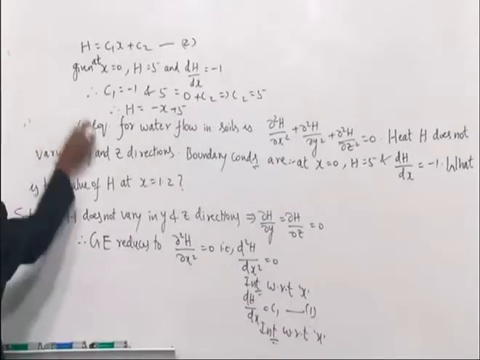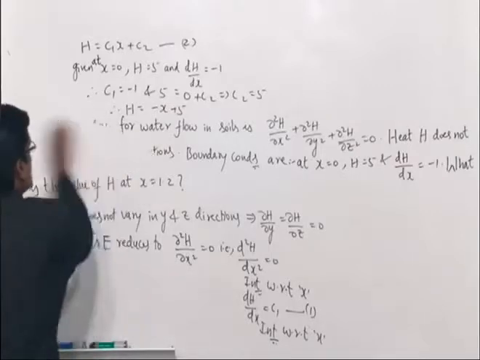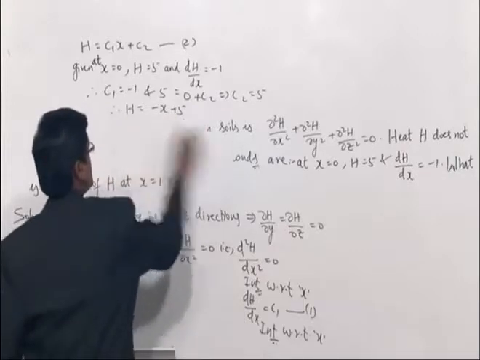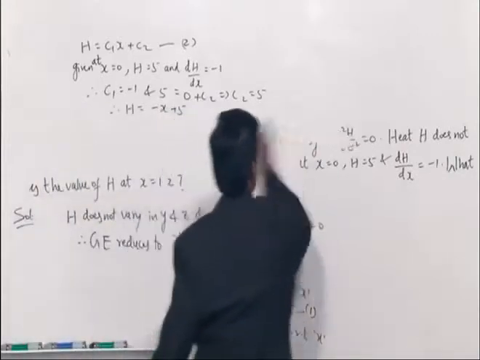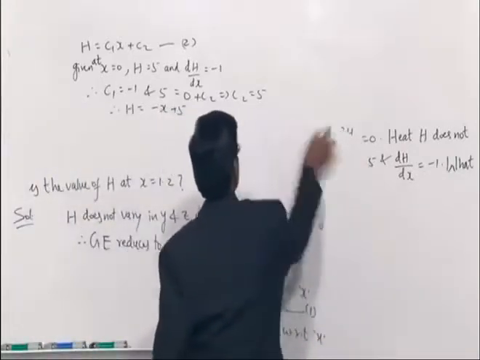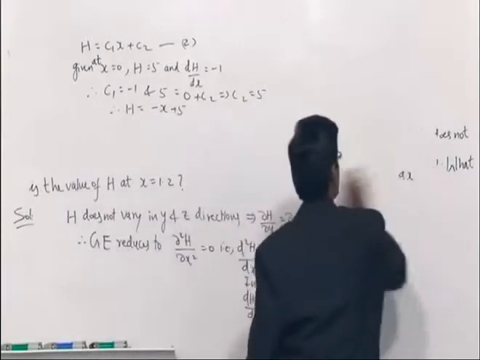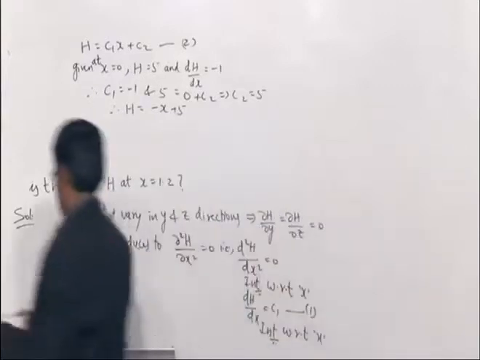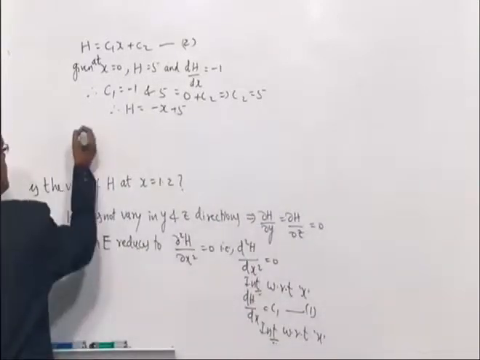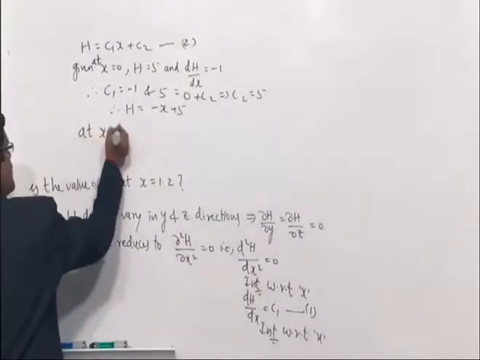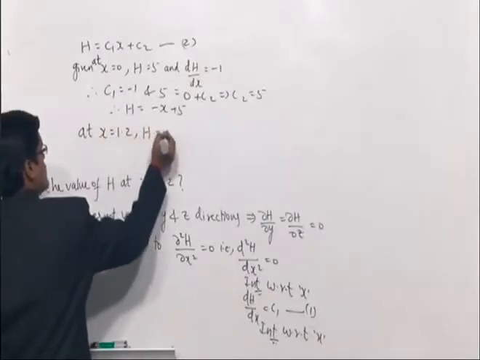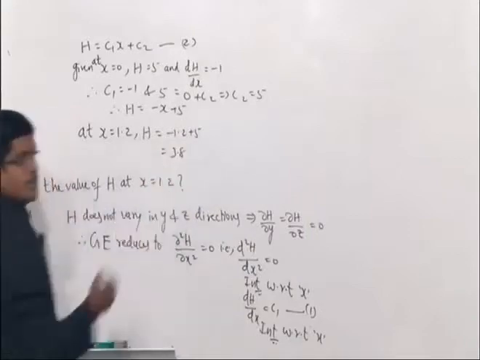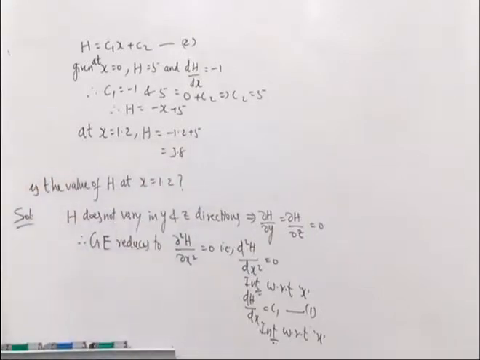We require the value of h at x is equal to 1.2. At x is equal to 1.2, h is equal to minus 1.2 plus 5, which is 3.8. That is the answer.